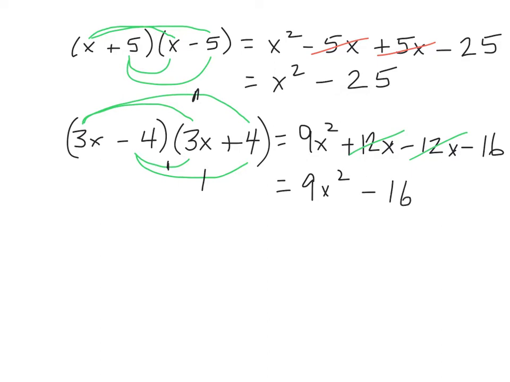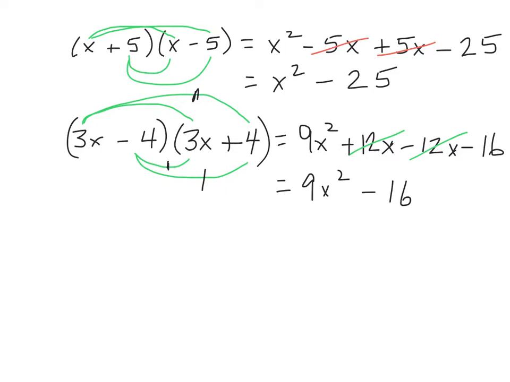So starting to notice a pattern here, I hope. Whenever we multiply the sum and the difference of the same two terms, we end up with an expression where two of the terms will add to 0 and thereby cancel each other out.